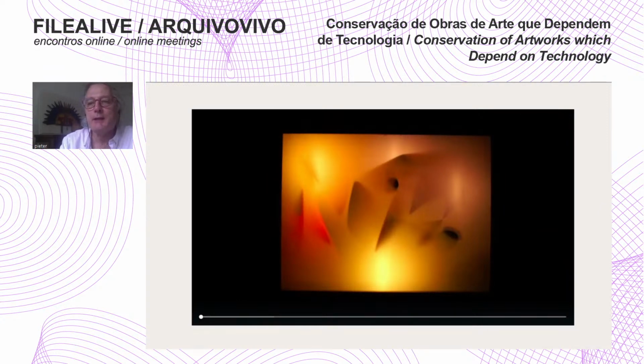So if one of the light bulbs burns, the work is incomplete. If one of the motors doesn't function, the work stops. When the work is not on, it is just a flat screen without anything. So the artwork doesn't exist. And this has been a recurrent problem.